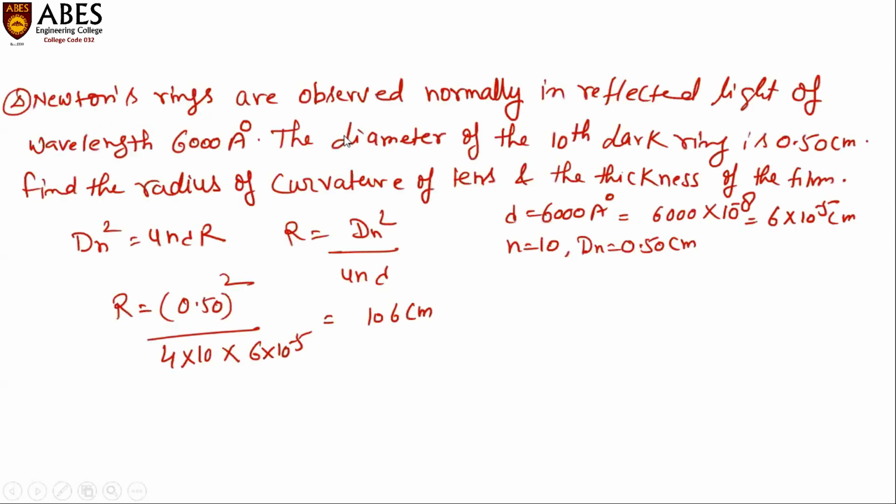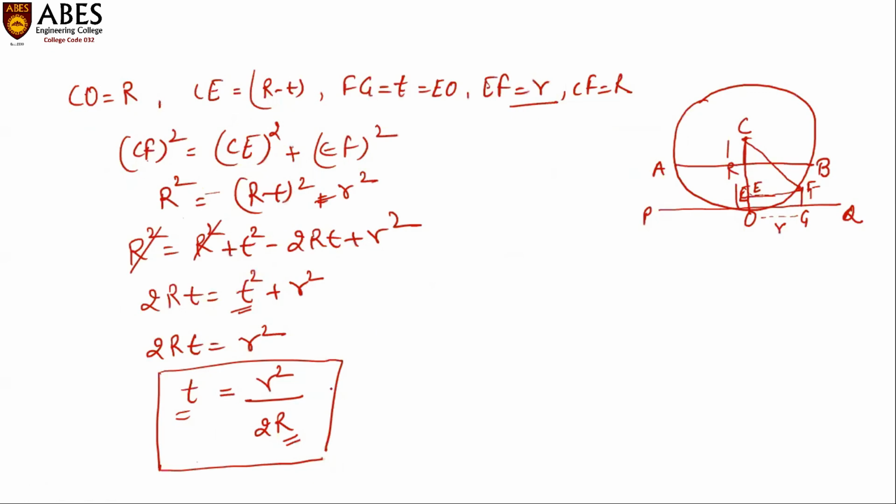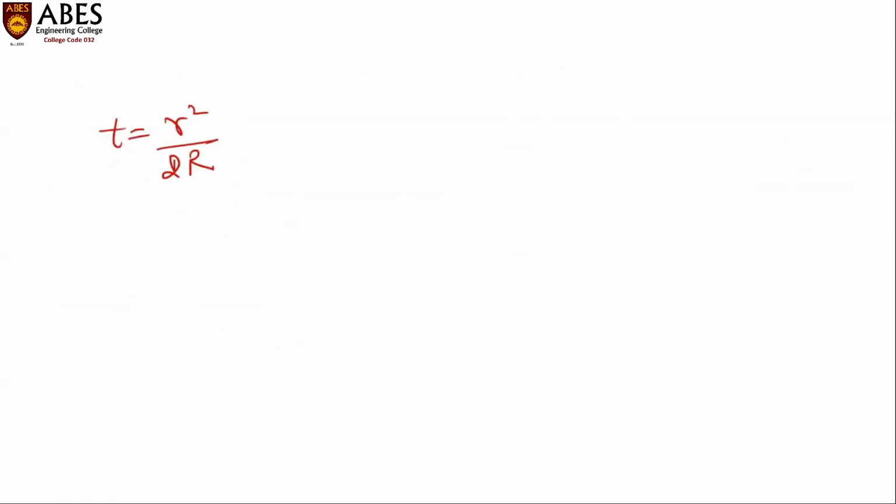For the thickness of the film, we have the relation t is equal to r square by 2R. We have a diameter, so we can write 2t is equal to D square by 4R, or t is equal to D square by 8R.